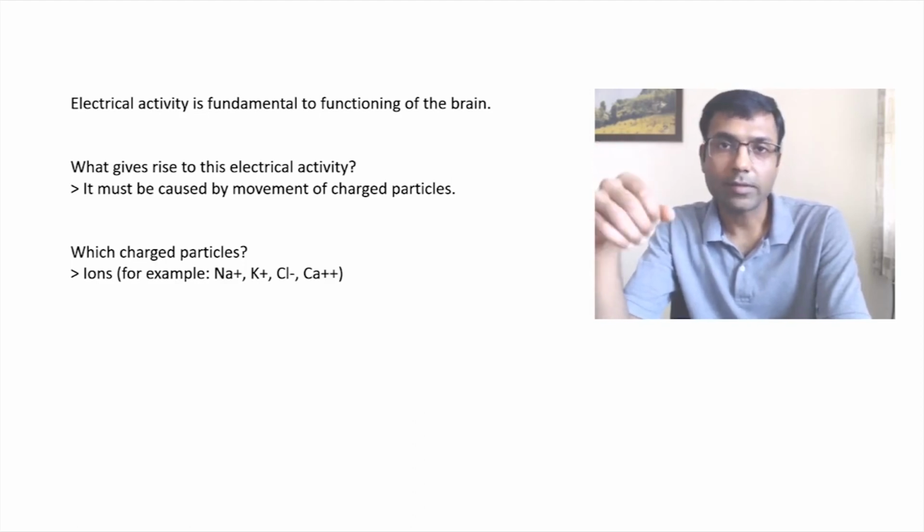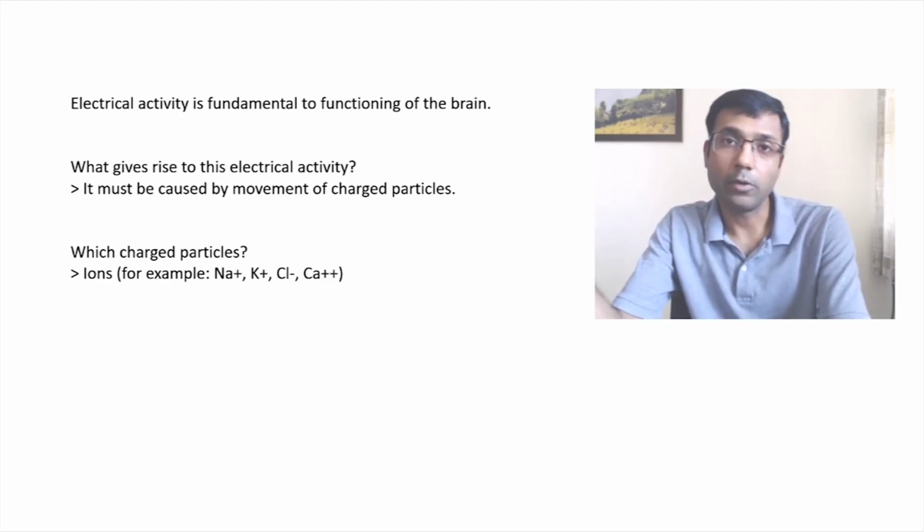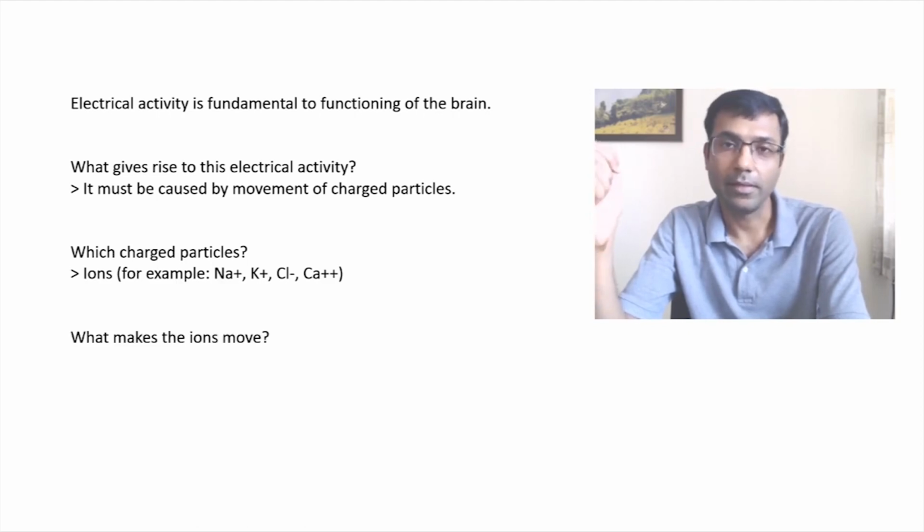And now finally, let's think about what causes the movement of these ions. You know, these ions are not going to move just by themselves unless there is some driving force. So there has to be some driving force. So can you again pause your video and take a guess? What might be the driving force on these ions? Okay, so now let me tell you the answers.